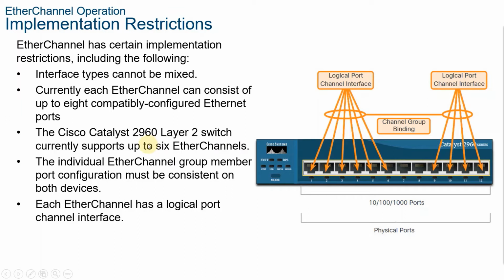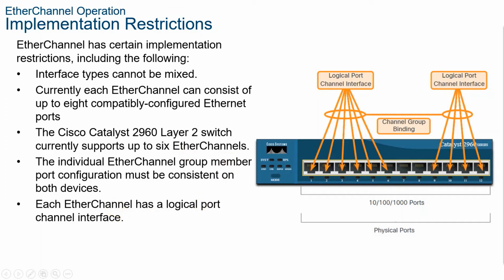The Catalyst 2960 Layer 2 switch currently supports up to 6 EtherChannels. However, as new IOSs are developed and platforms change, some cards and platforms may support an increased number of ports within an EtherChannel link, as well as support an increased number of Gigabit EtherChannels.